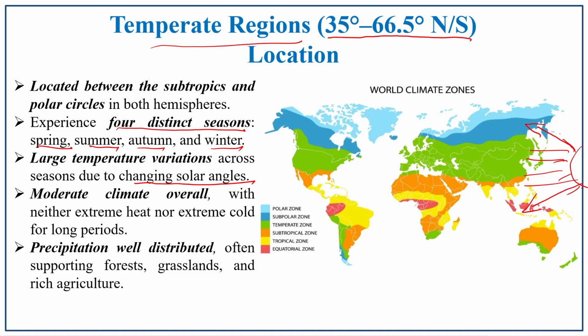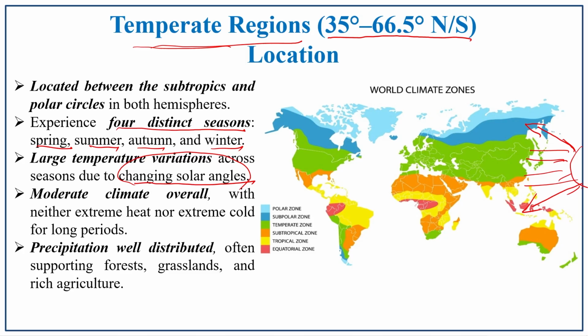Because of that, the changing solar angle plays a vital role in this temperate region. And with the moderate climate overall, neither extreme heat nor extreme cold prevails for a longer period in this latitude.